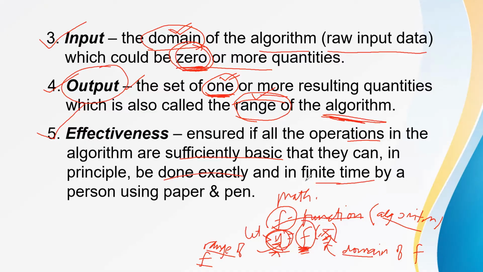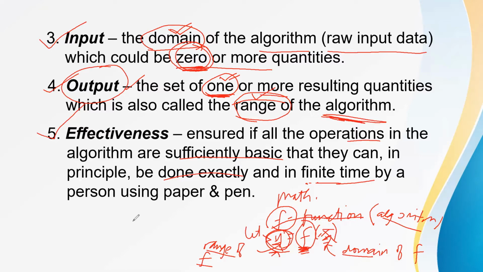So there is a definite start and a definite end. It can be done by a person using paper and pen. So an algorithm is effective if all the instructions, all the calculations of that algorithm can be performed by a human using paper and pen.